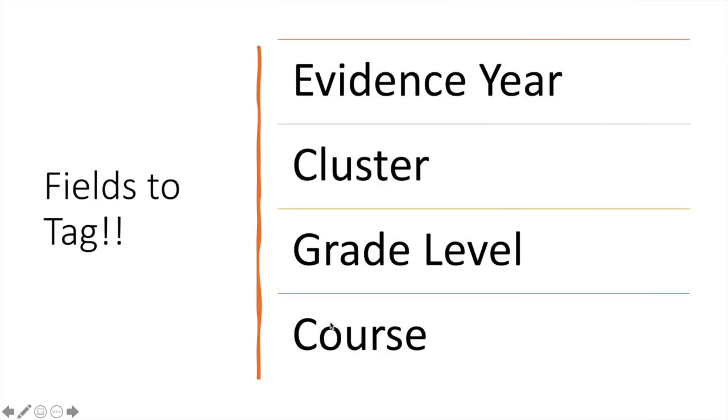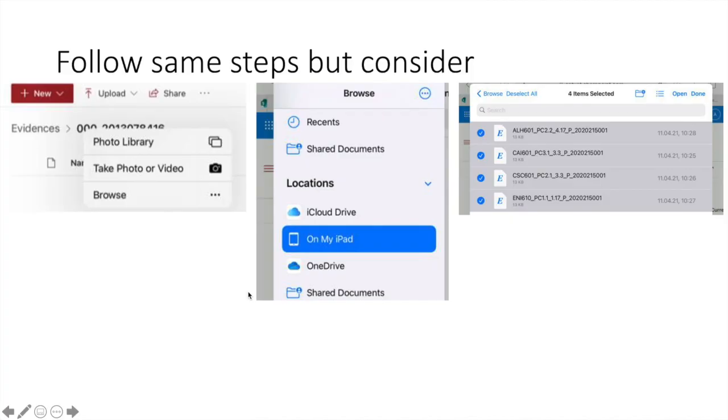Regarding the iPads, it is exactly the same process. You need to have the link, you will click on the link, and before that you will rename the file, but instead of dragging, you will upload your files. So you will browse them, whether they are on your iPad or OneDrive or wherever.